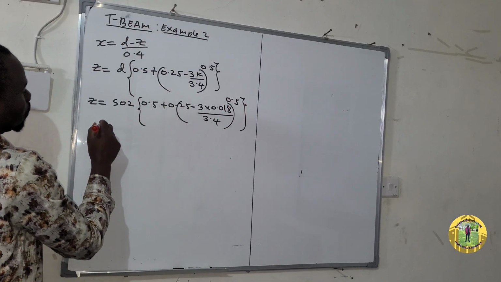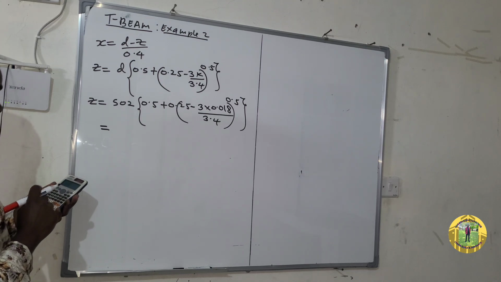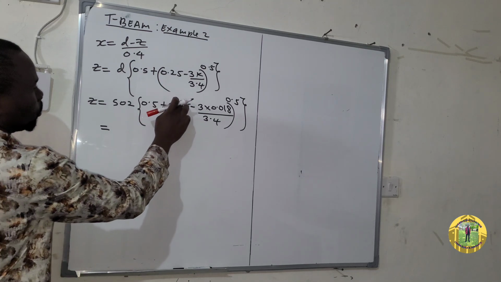Like that. So let's carry out the operation. This is 0.25.